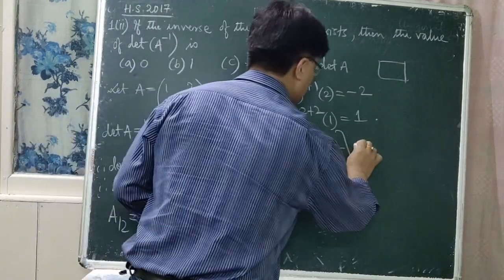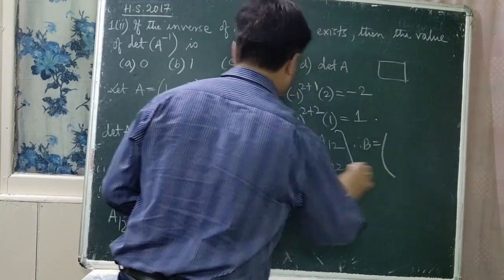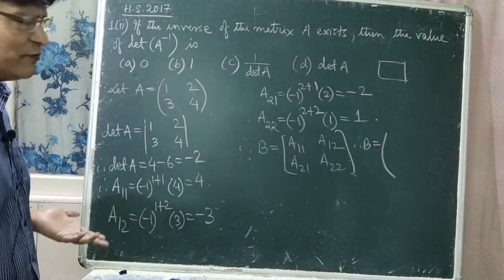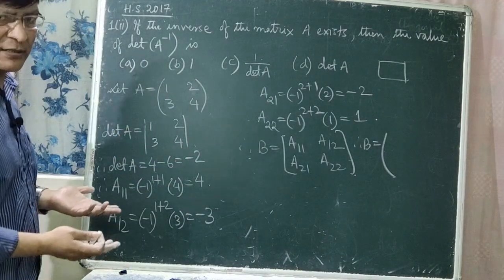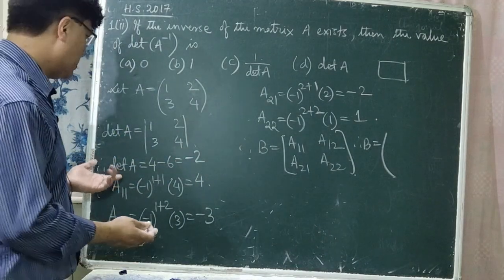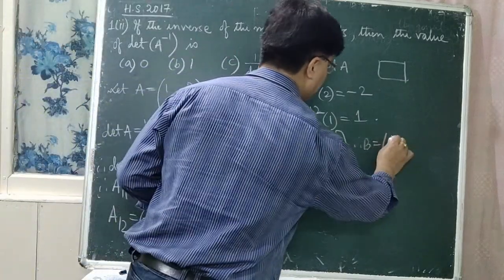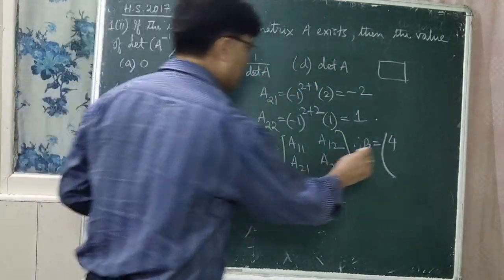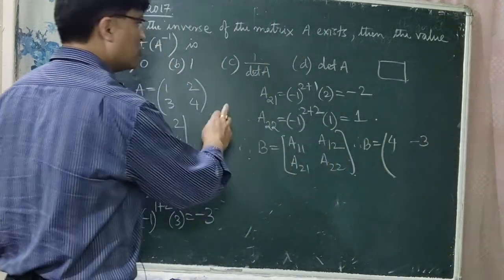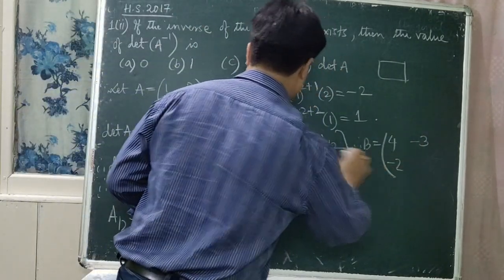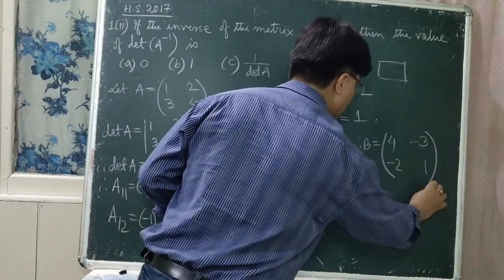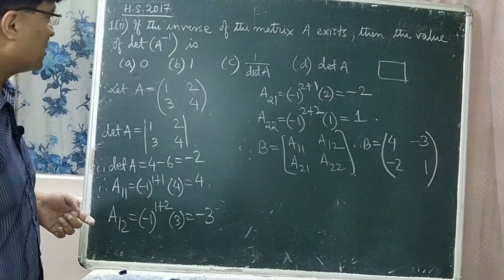You may write the matrix within square brackets or within round brackets, it doesn't matter. So B is equal to: what is A11? 4. What is A12? -3. What is A21? -2. What is A22? This is 1. Is that clear to all of you?